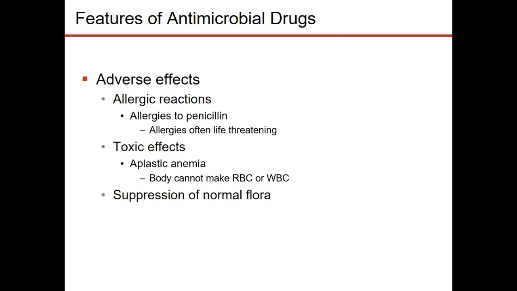If we take certain antimicrobials and they kill off our normal flora, then some of our normal flora, i.e. E. coli in our gut, helps us to absorb the vitamin B and vitamin K that we're supposed to have. Vitamin K is needed in producing blood cells, and so is vitamin B. But without these vitamins, we wouldn't be able to produce red blood cells properly.